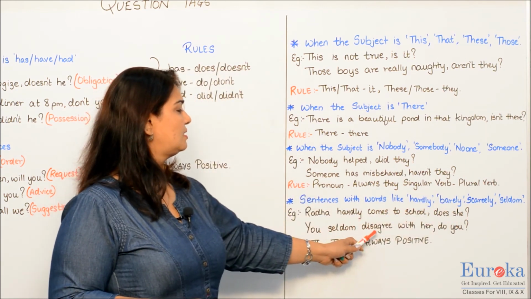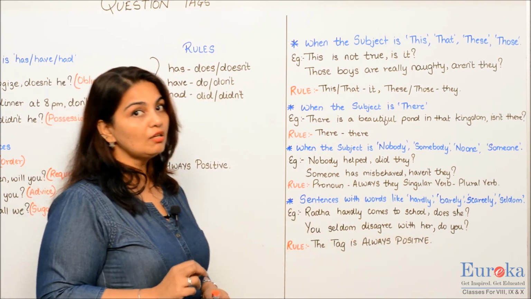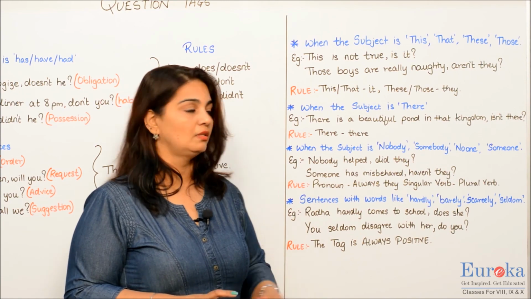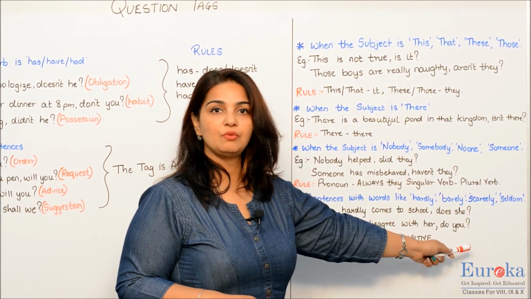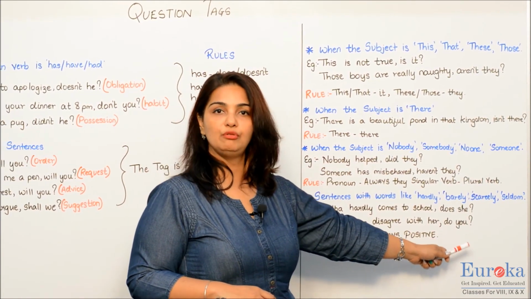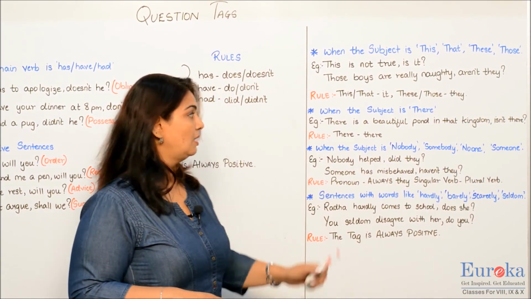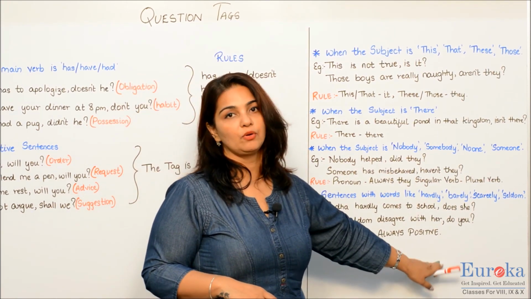You seldom disagree with her. You rarely or you do not disagree with her often. So again, the question tag is a positive one. You seldom disagree with her, do you? Remember students, in this case, the tag is always a positive one.